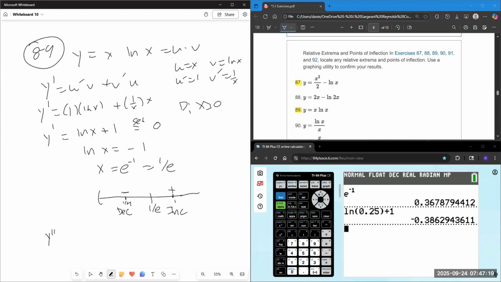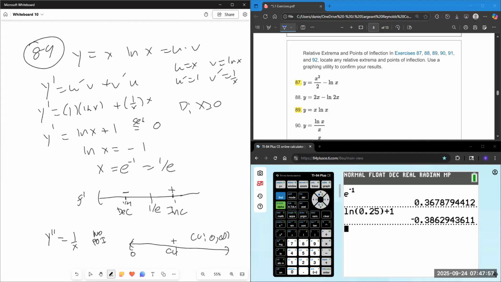Second derivative is 1 over x, and that will be, so this is f prime, this is 0 to infinity, and no points of inflection for that, because it never changes sign within its domain. And all the numbers greater than 0 are going to give me a positive value. It'll be concave up on 0 to infinity.